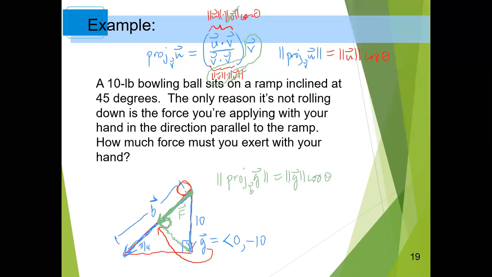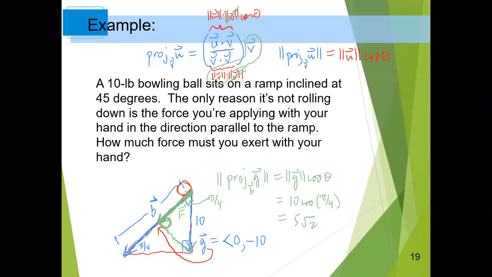And this angle right here is also pi over 4. So it's going to be the length of G, which is 10, times cosine of pi over 4. And what is the cosine of pi over 4? Square root of 2 over 2. So what would we end up with? 5 square root of 2.